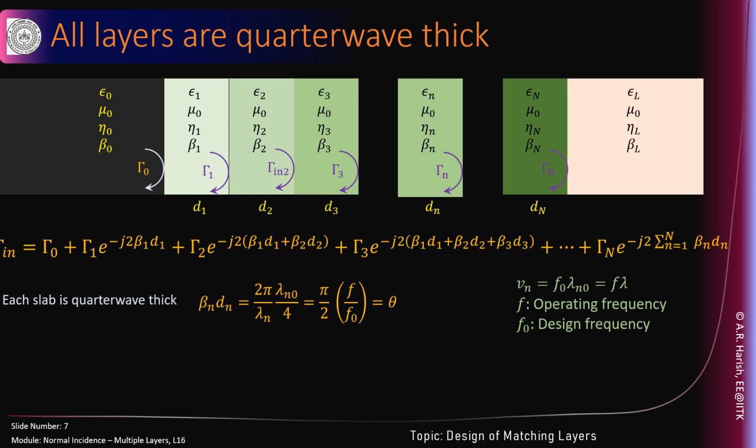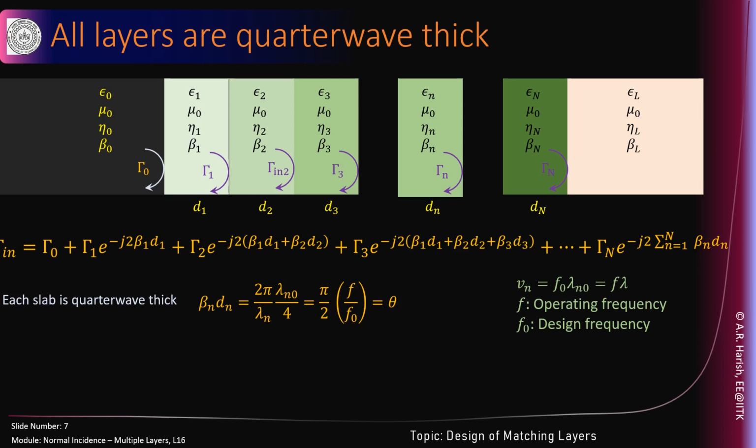What is lambda n naught? Lambda n naught is related to velocity and f naught via the relationship Vn equal to f naught lambda n naught, where f naught is the design frequency and lambda n naught is the wavelength in that nth medium at the design frequency f naught.